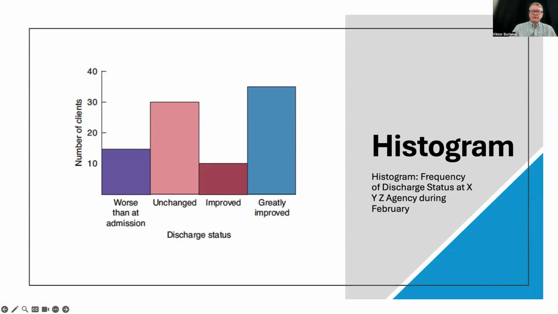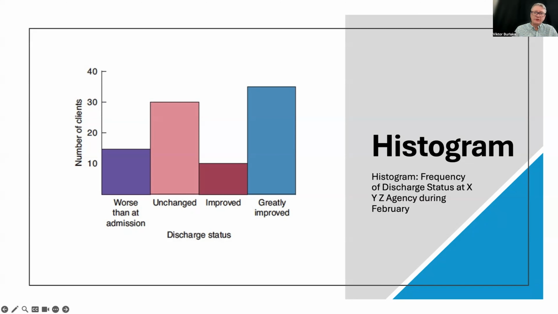Here is an example of a histogram that shows the discharge status of clients at an agency. Each bar represents the number of clients in different discharge categories, such as worse than at admission or greatly improved.